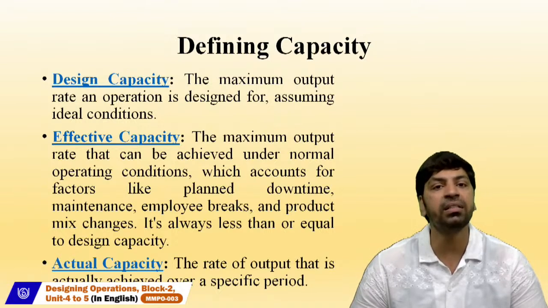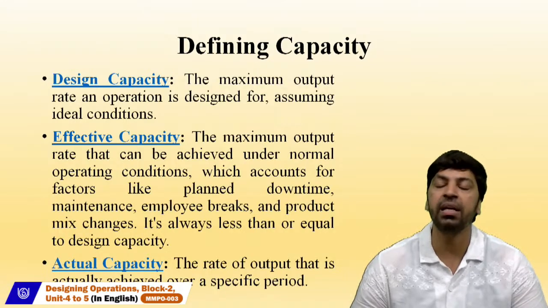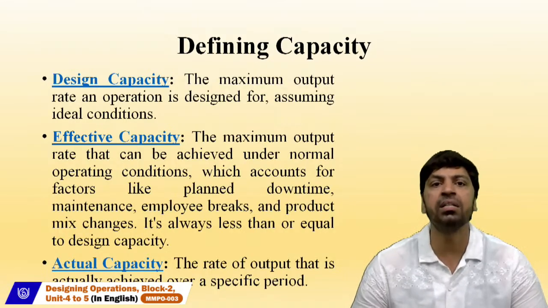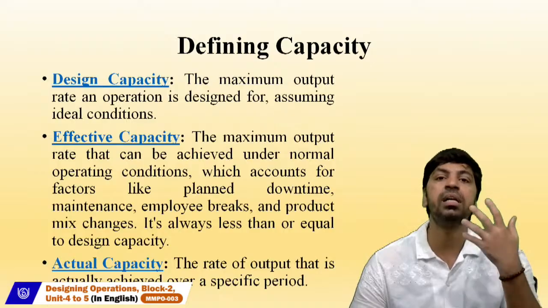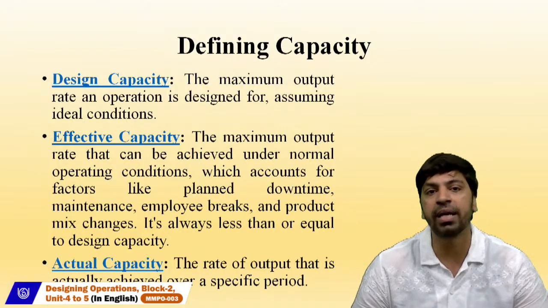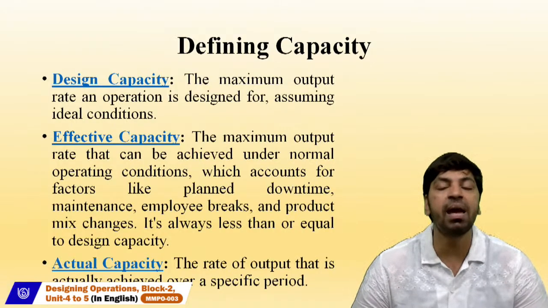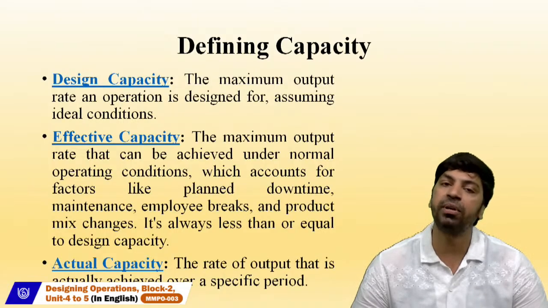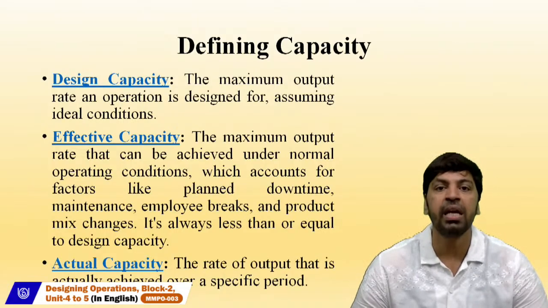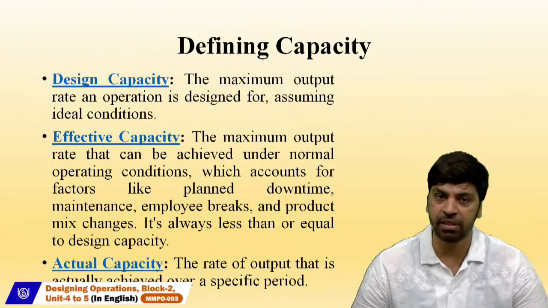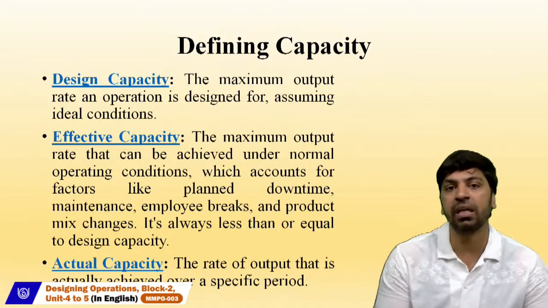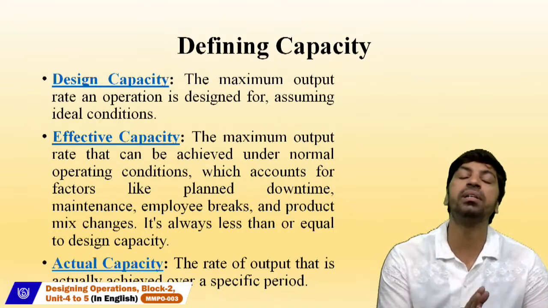Next is effective capacity. It refers to the maximum output rate that can be achieved under normal operating conditions, which also considers various factors like planned downtime, maintenance, employee breaks, or product mix changes. It is always less than or equal to the design capacity, because the effective capacity proceeds based on the design capacity.